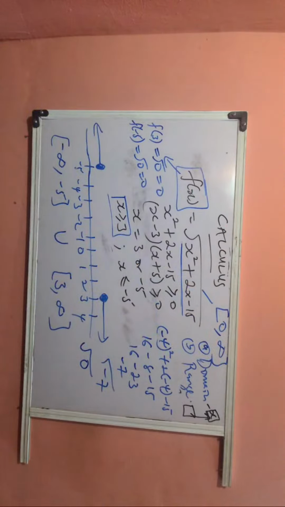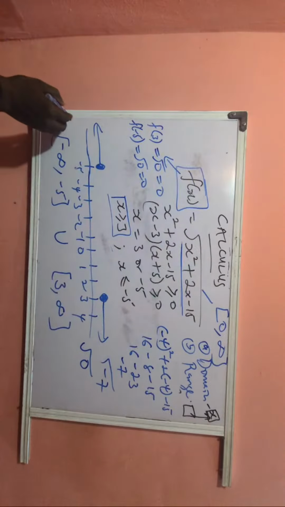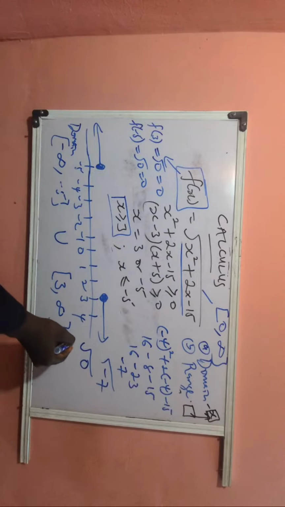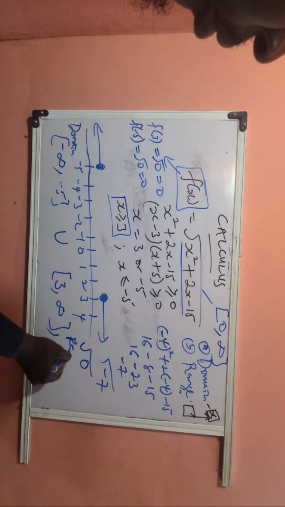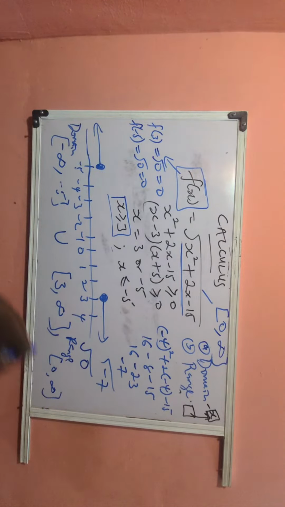So if you ask me to give you the domain of this particular function written here, this will be the domain, what we have here, and the range will be 0, infinity.